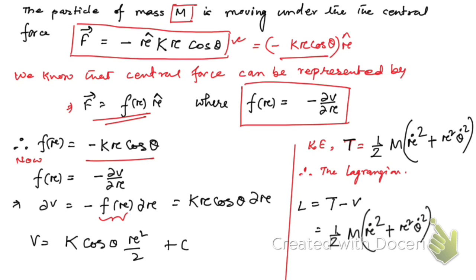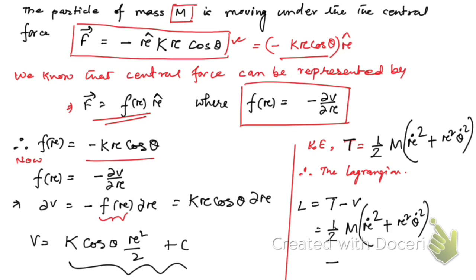This is T minus V. V is this, right? So here we're going to get this. This is V. So that's going to be minus C now, right?